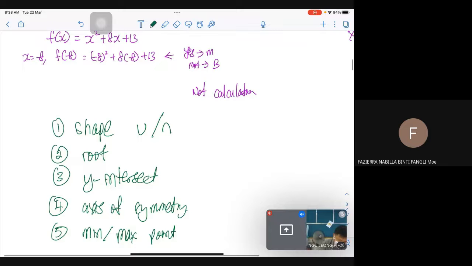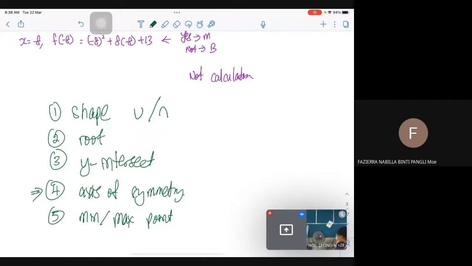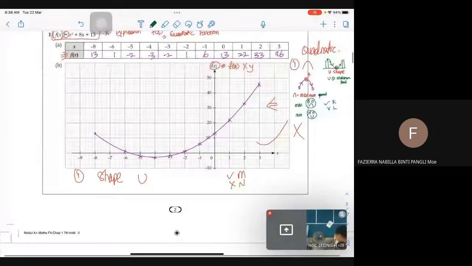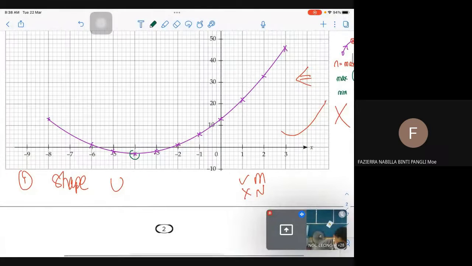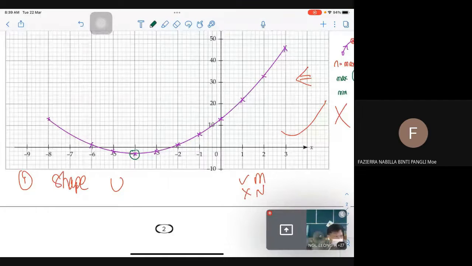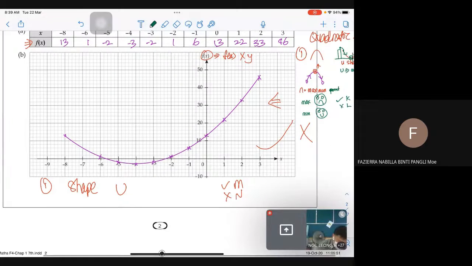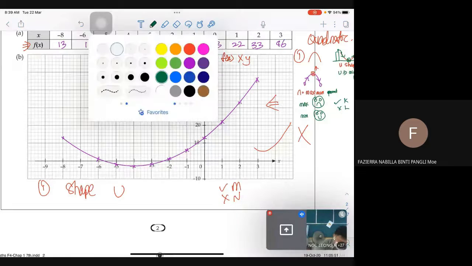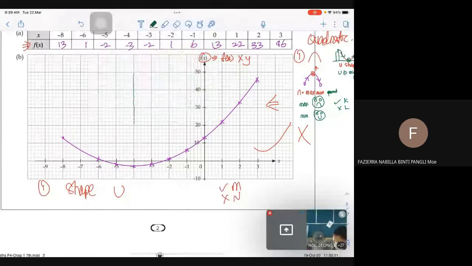Okay, now I explain to you the axis of symmetry. Okay, you see, here is the minimum point. Am I right, all of you? If yes, reply me Y. If I'm wrong, reply me U. Okay, so when we have the minimum point, that means we will have the axis of symmetry here.